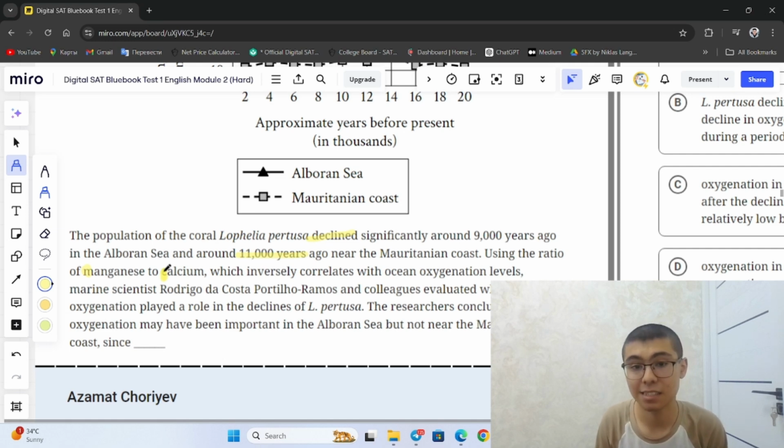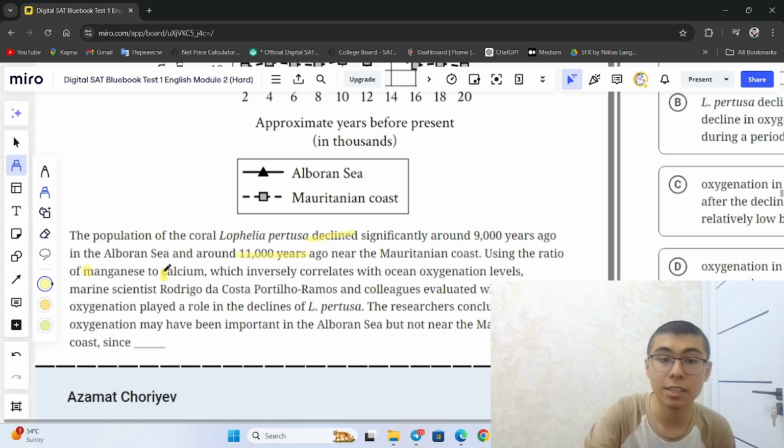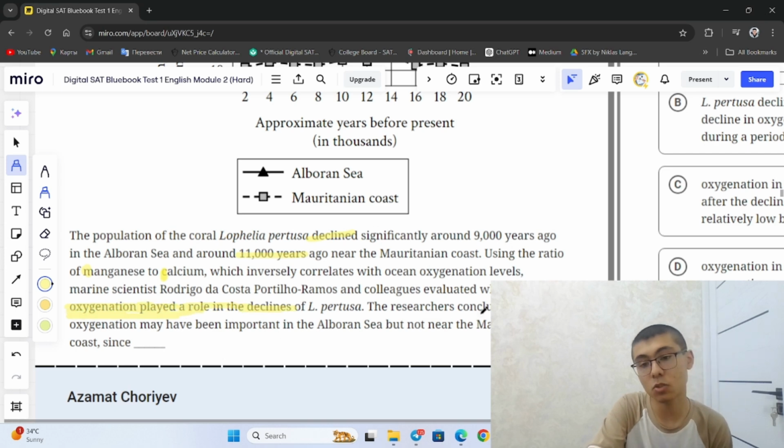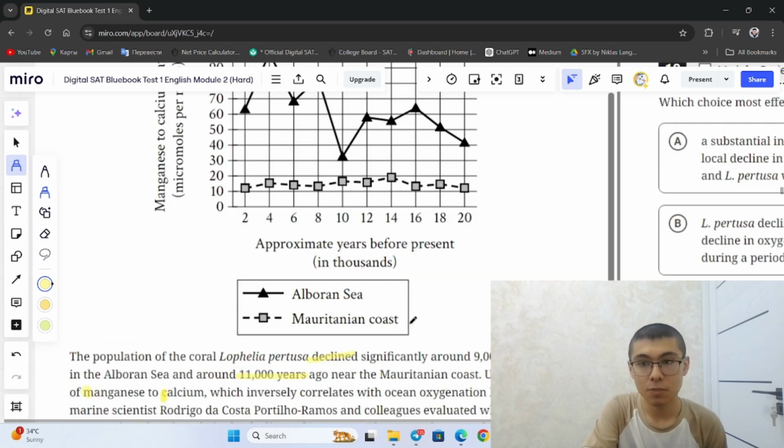Marine scientists and colleagues evaluated whether oxygenation played a role in the decline. So, does oxygenation play a role in the declines? The researchers concluded that oxygenation may have been important in the sea, but not near the coast. Okay, so we've got to support it.